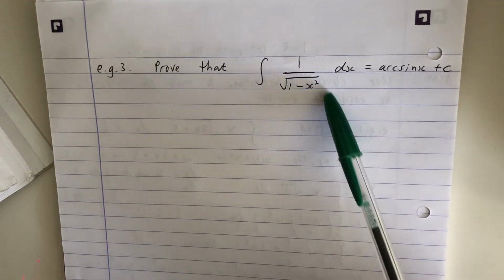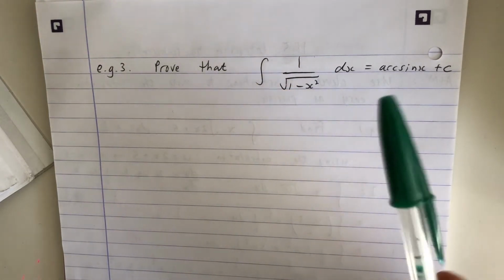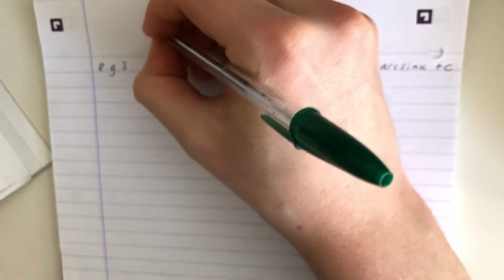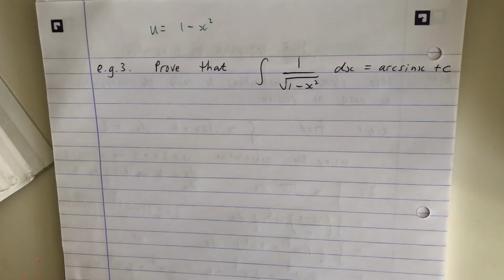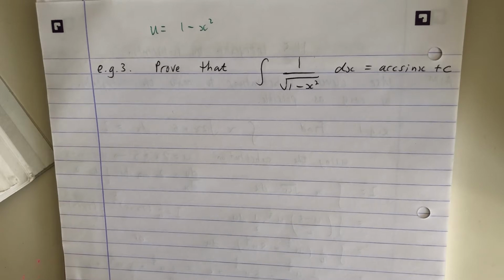So some people might think, well, what about if you tried u is equal to 1 minus x squared, or replaced everything inside the square root with a u, and then have 1 over root u and hope to see if that works. And unfortunately, that's not going to give you the answer in this question. That wouldn't be a good substitution. So there must be another way to do this.